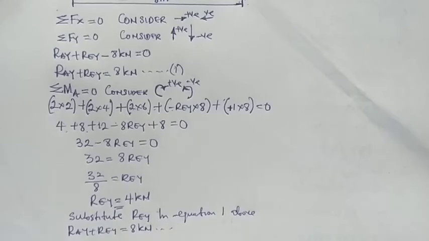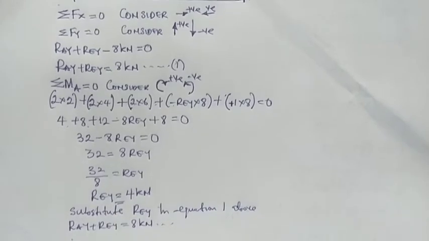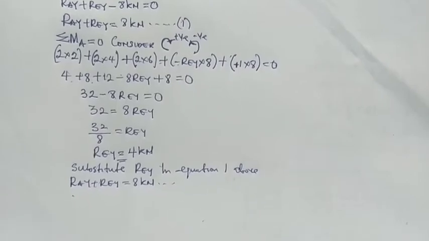So we put your REY, you'll be having REY plus 4 is equal to 8. So the REY will now be equal to 8 minus 4, and my REY will be giving me also 4 kilonewton. So my REY is 4, right?